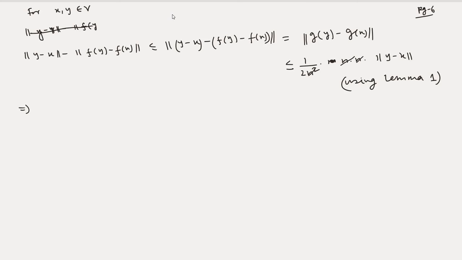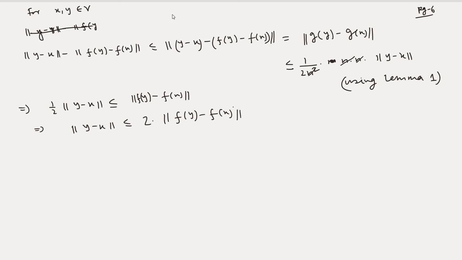So this implies 1 over 2 norm of y minus x is less or equal to norm of f of y minus f of x, and so norm of y minus x is less or equal to 2 times norm of f of y minus f of x. We label this inequality as equation 1.